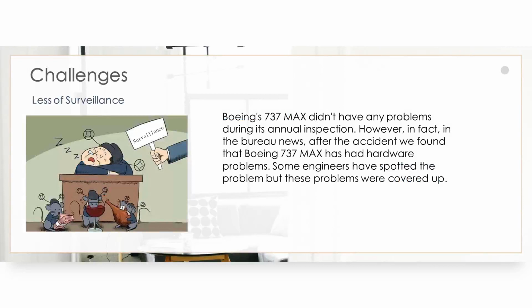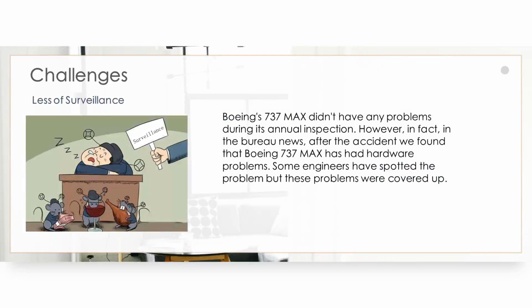And now we talk about some challenges they face. Why did the Boeing 737 MAX face a lot of problems? First, they have less surveillance during their annual inspection. I saw news about that.